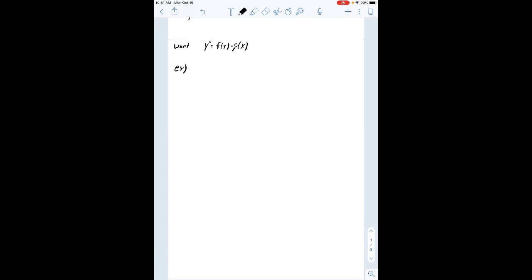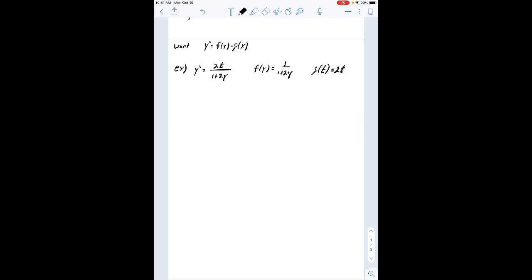So example problem 1, let's just say y prime is equal to 2t divided by 1 plus 2y. Okay, so I'll always write this as my f of y is going to be equal to 1 over 1 plus 2y. And then we have my g of t instead of x in this case is just equal to 2t.